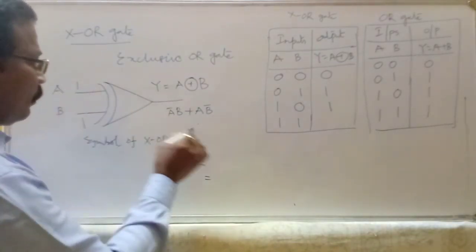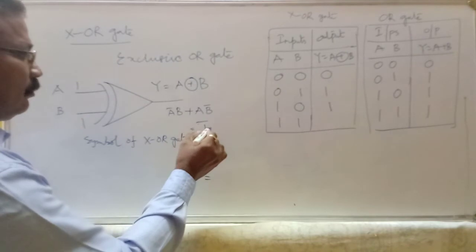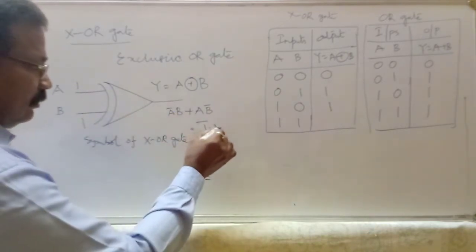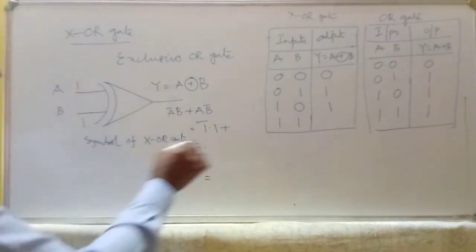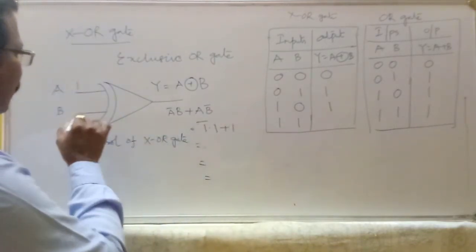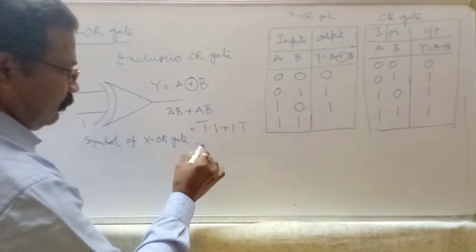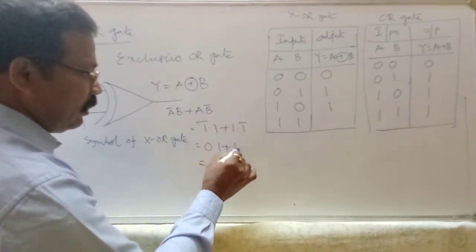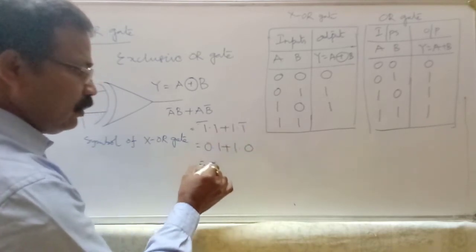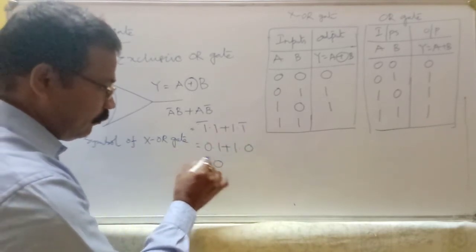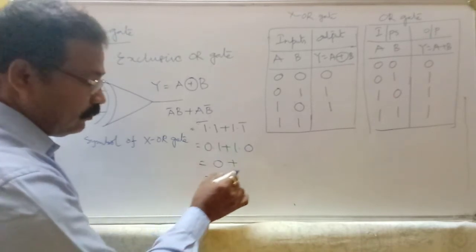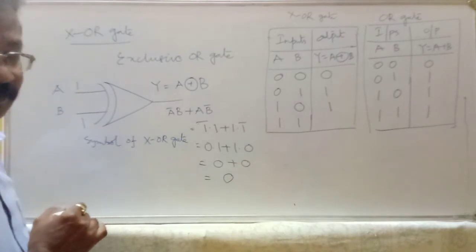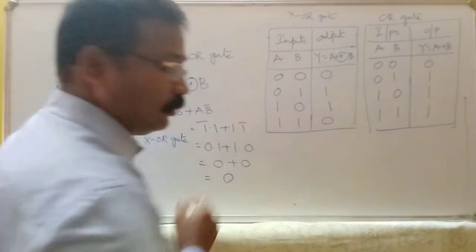A bar, that is 1 bar, into B, which is 1, plus A, which is 1, into B bar, that is 1 bar. 1 bar means 0, so 0 into 1 is 0, plus 1 into 0 is 0. 0 plus 0 is 0.